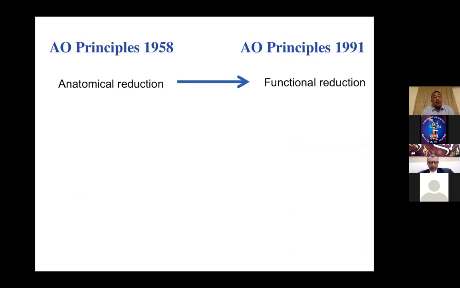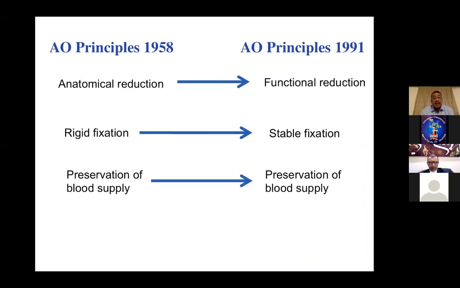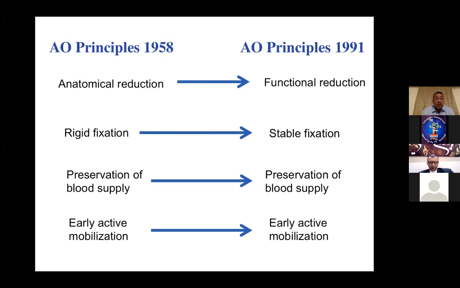The principles were anatomical reduction of the fracture, then they became functional reduction. Rigid fixation becomes stable fixation, and preservation of the blood supply is always needed for the fracture to heal.